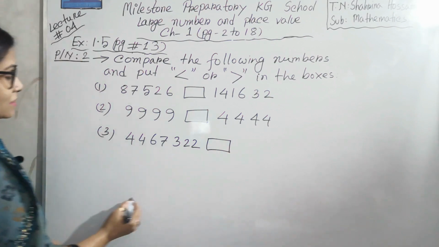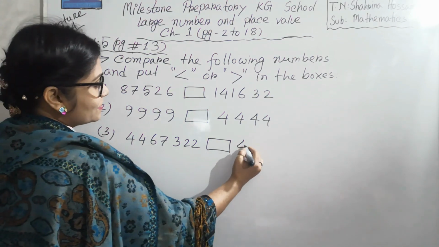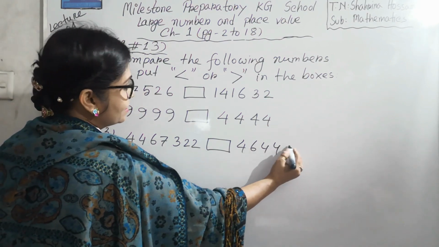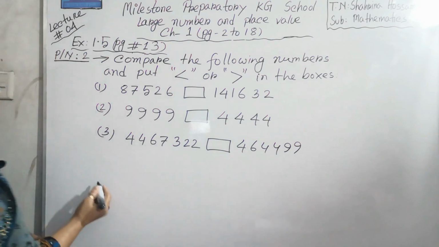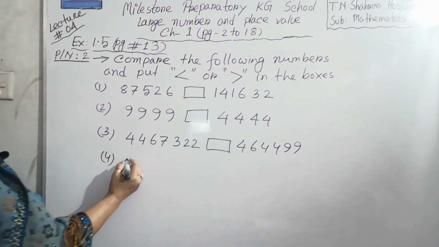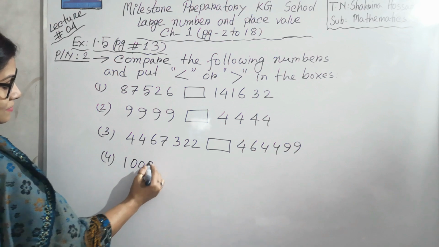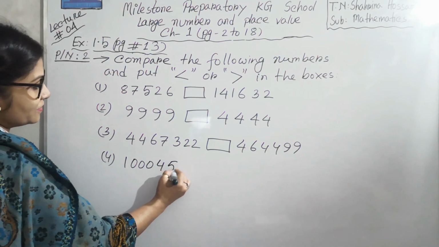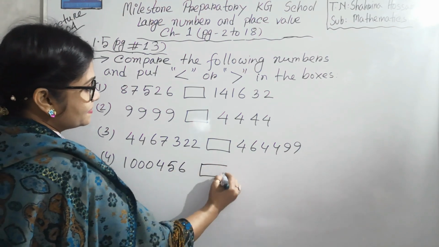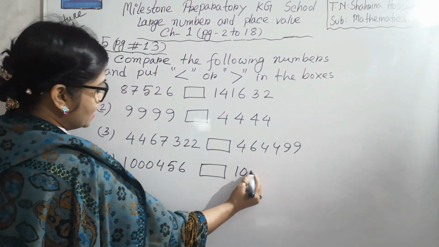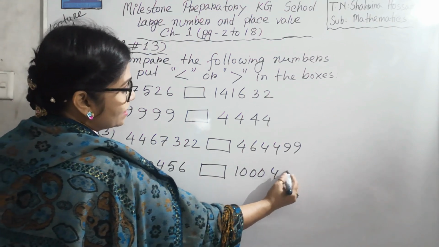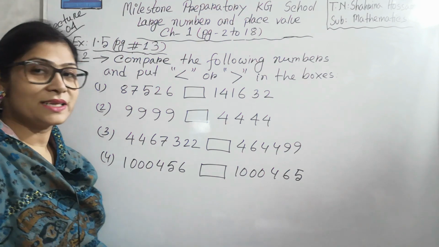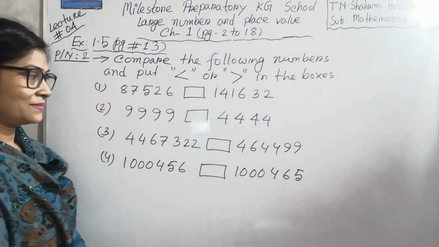Then again a box. 4,64,499. That last, number 4, 10,456. Then 10,465.